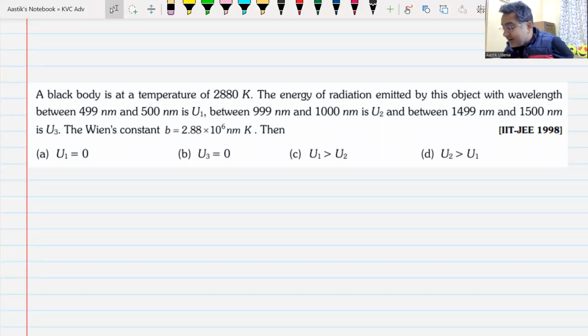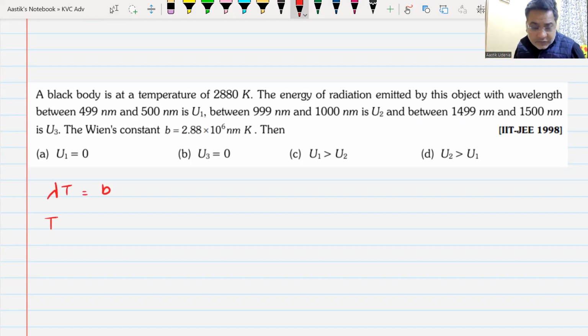That is absolutely correct. From lambda into T is constant, which is B, you can find out the maximum wavelength. T is known. You can find out the wavelength for which maximum energy is given, and I think that is coming as 1000 nanometers. Yes or no?